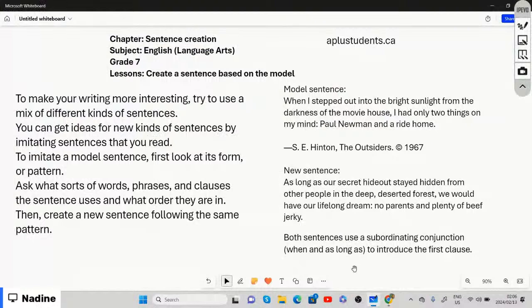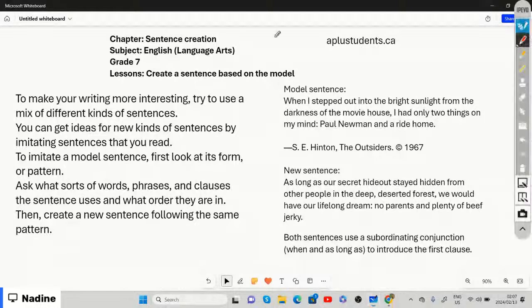You can even get ideas for new kinds of sentences by imitating sentences that you read.